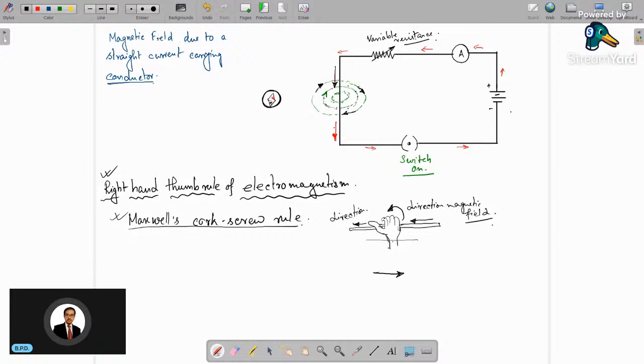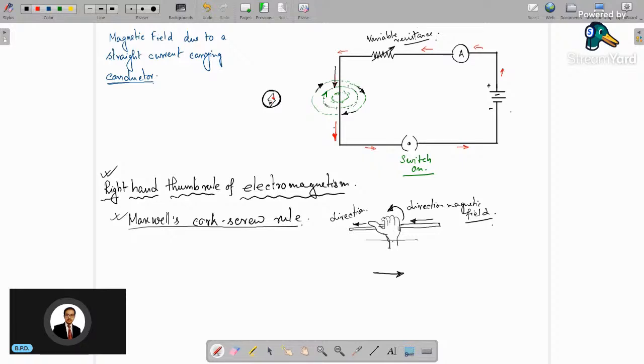I wanted to explain to you how to understand the relationship between the magnetic field and the flow of current, right?